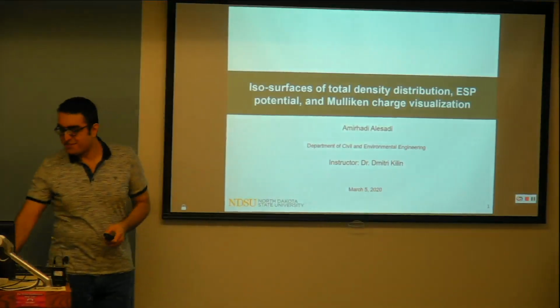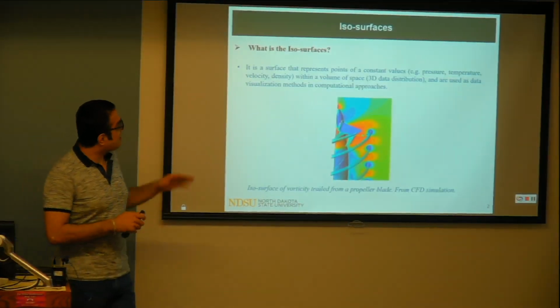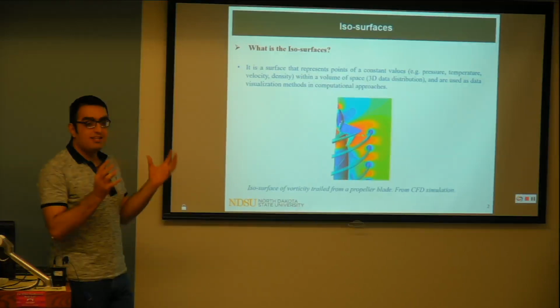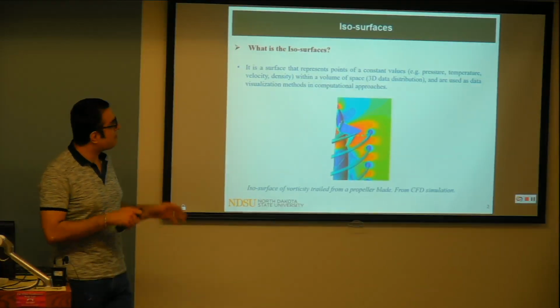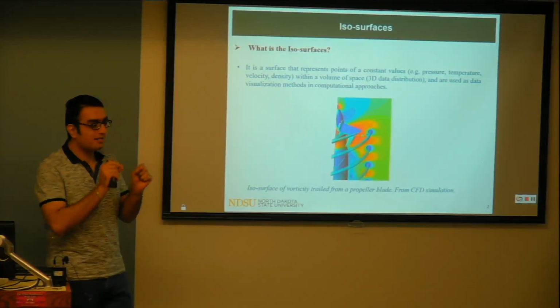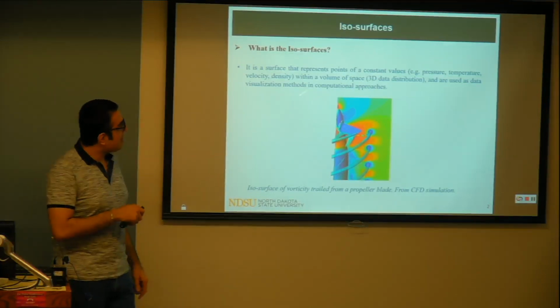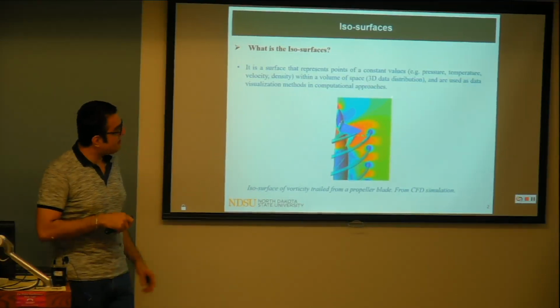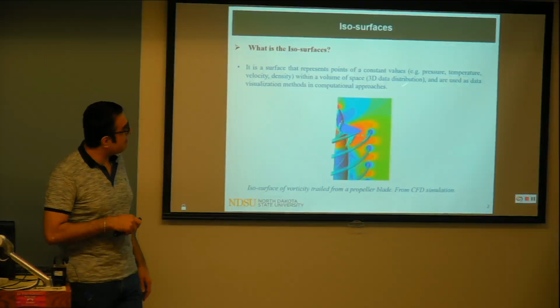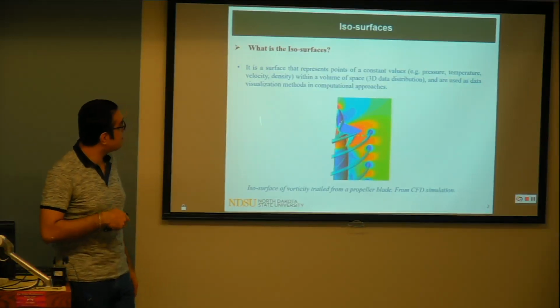First, what is an isosurface? Usually, an isosurface is a 3D color map plot that shows the points in 3D space that have the same value, for instance pressure, temperature, or velocity.